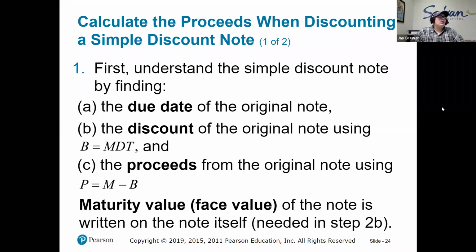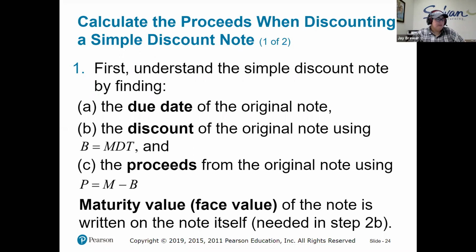All right. So this is how to find proceeds when discounting a simple discount note. First, understand the simple discount note by finding the due date of the original note, the discount of the original note using the M times D times T, and then the proceeds by doing the subtraction.